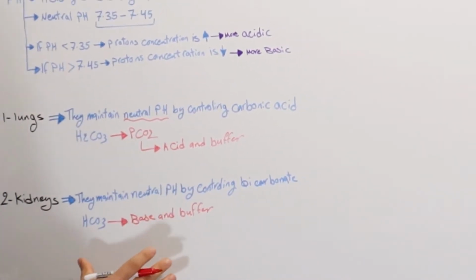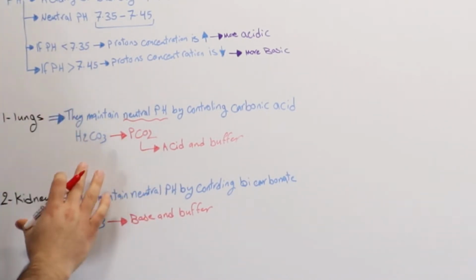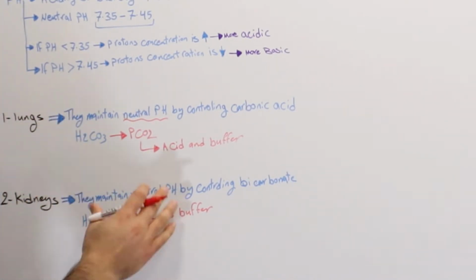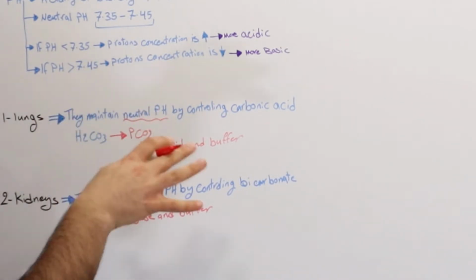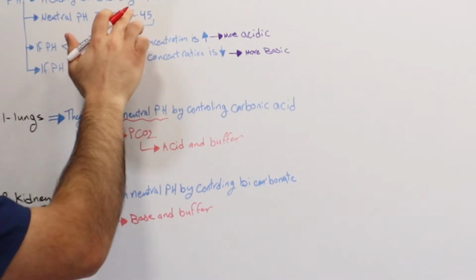So we have an acid and a base, and that's how these organs maintain the neutral pH needed for the body, between 7.35 and 7.45.